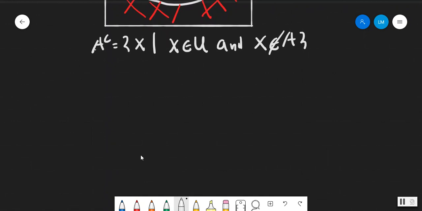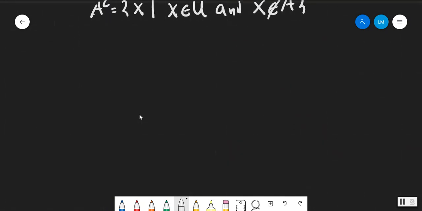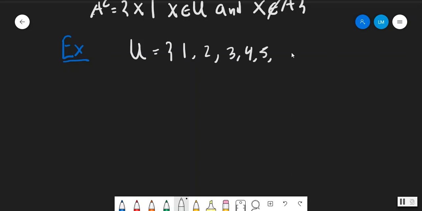Now, let's say, for example, that we look at a question where a universal set is given. So let's say that you have a universal set U equal to the set of elements 1, 2, 3, 4, 5, 6, 7, 8, 9, and we'll just do 10.